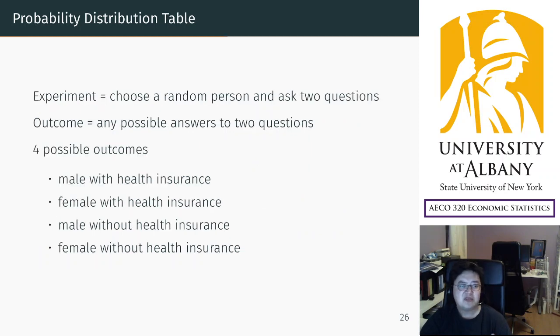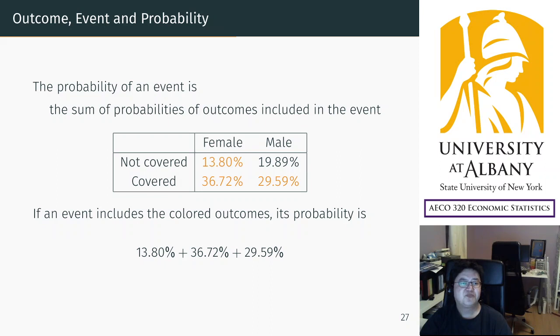And the basic principle is that the probability of an event is the sum of probabilities of the outcomes included in that event. So an event may include multiple outcomes, and the probabilities of these outcomes sum to the probability of the event.